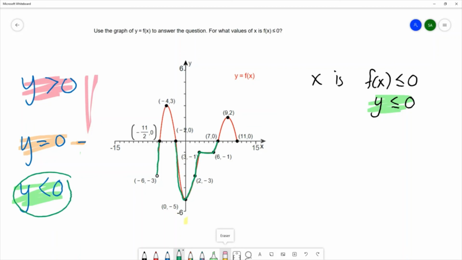We want when y is less than or equal to 0, so we also want points that are on the x-axis. So we're going to include these endpoints here that are on the x-axis. And also this point over here that's on the x-axis.